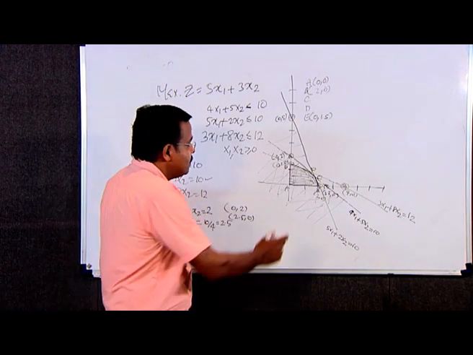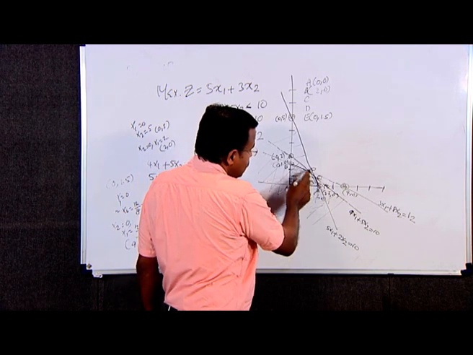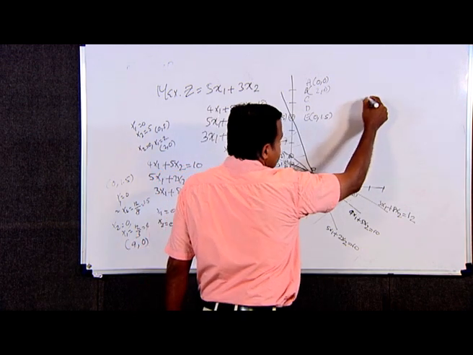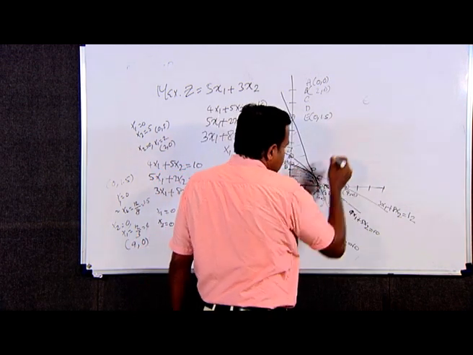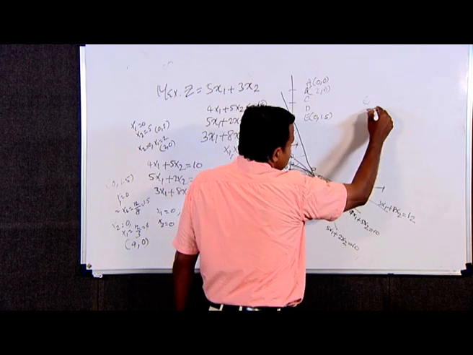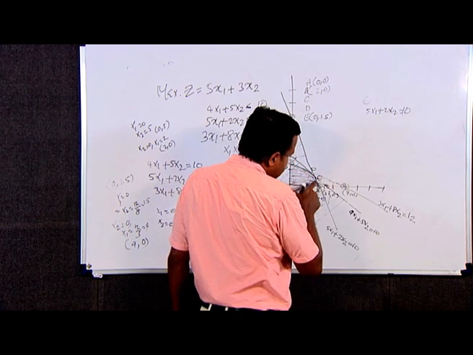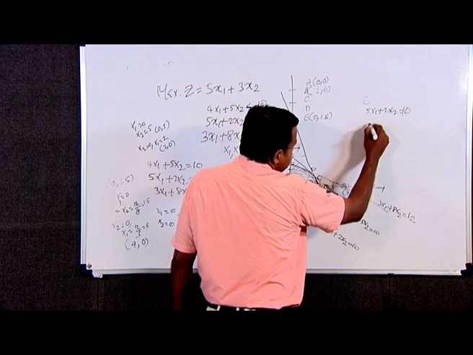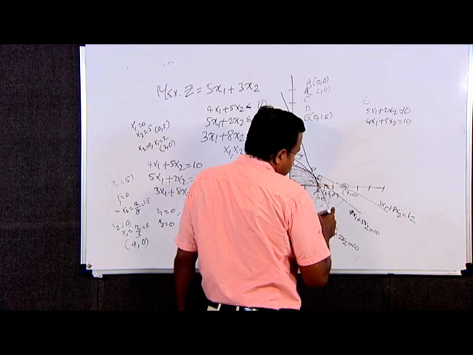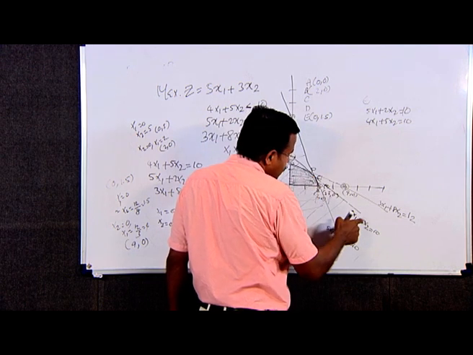Now, to identify the values of vertices C and D, we want to solve the corresponding equations. First, to get the value of C, we want to solve the straight lines 5x1 plus 2x2 equal to 10 and 4x1 plus 5x2 equal to 10, because C is the point of intersection of these two straight lines.